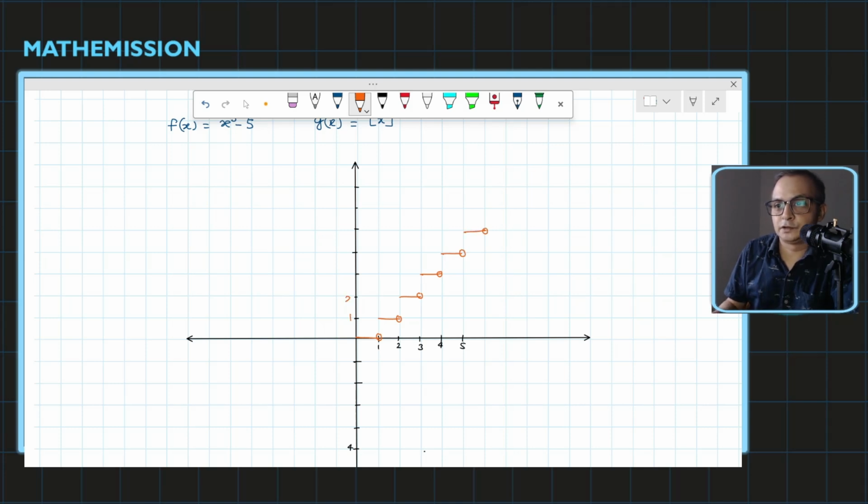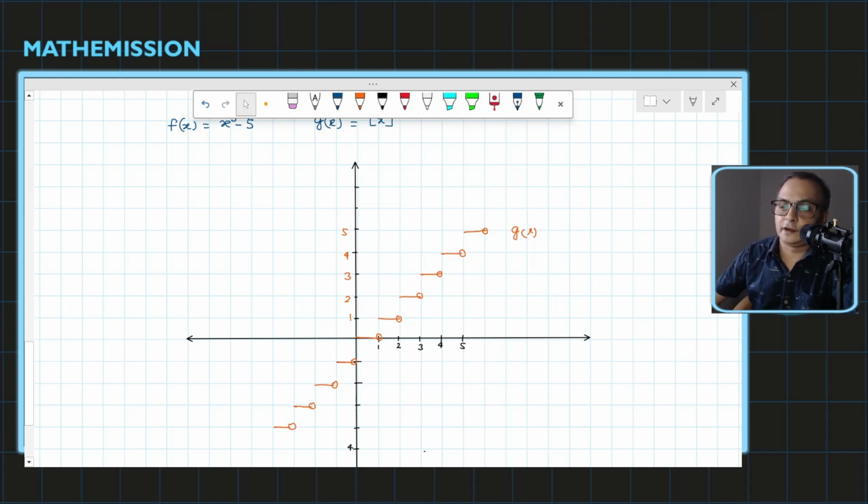So this is 1, 2, 3, 4, and 5. And this is the graph of g(x) I have drawn, that is floor x. And here also we can draw it, no problem. That is, this one, then this, then this, and then this.